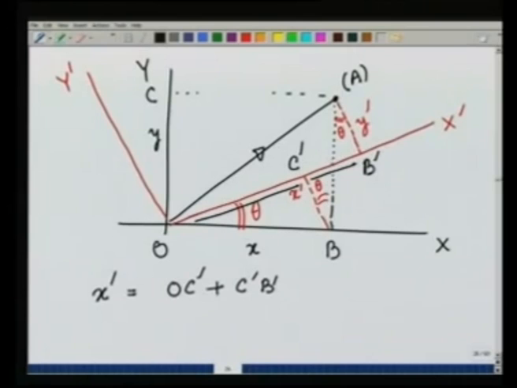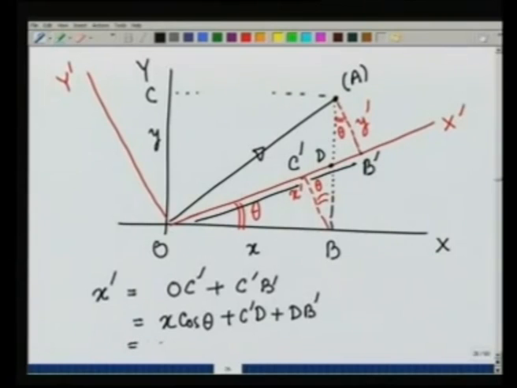And let me also call this point where it intersects as D. OC prime is nothing but x cosine theta. So, this is going to be x cosine of theta plus C prime B prime is nothing but C prime D plus D B prime.